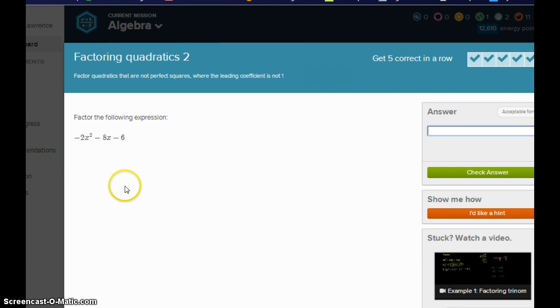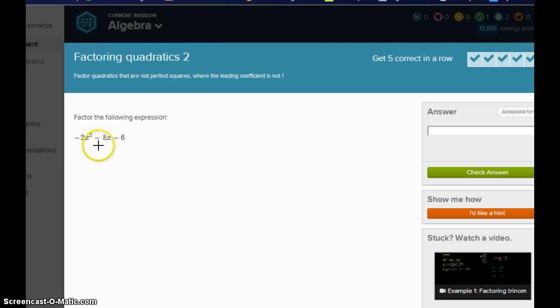Okay, so now here we have factoring our quadratics, and we're looking at negative 2x squared minus 8x minus 6. And I told you the very first thing we always want to do is do our GCF, and if we have anything negative, factor that out.